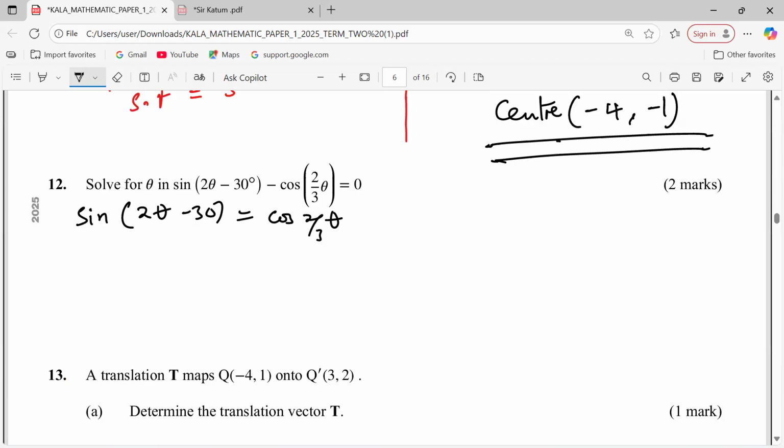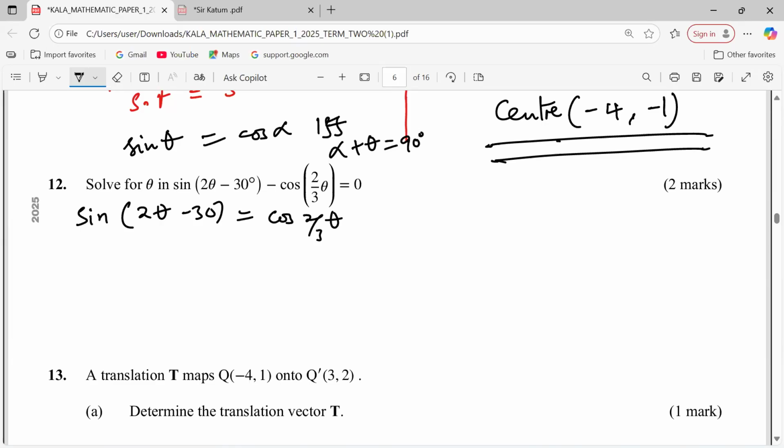In such cases, the only trigonometric identity that should come to our mind when we have sine and cosine, and none of them is squared, is that the sine of alpha equals the cosine of beta if and only if alpha and beta are complementary.